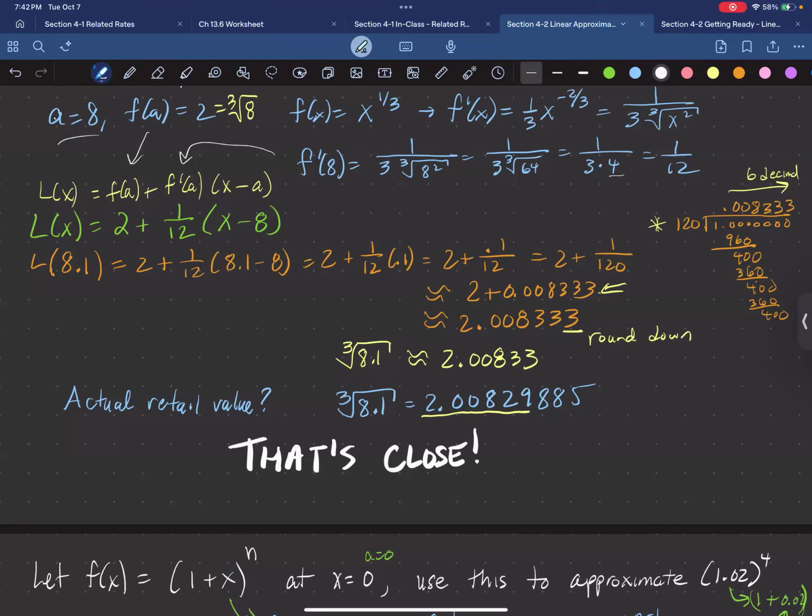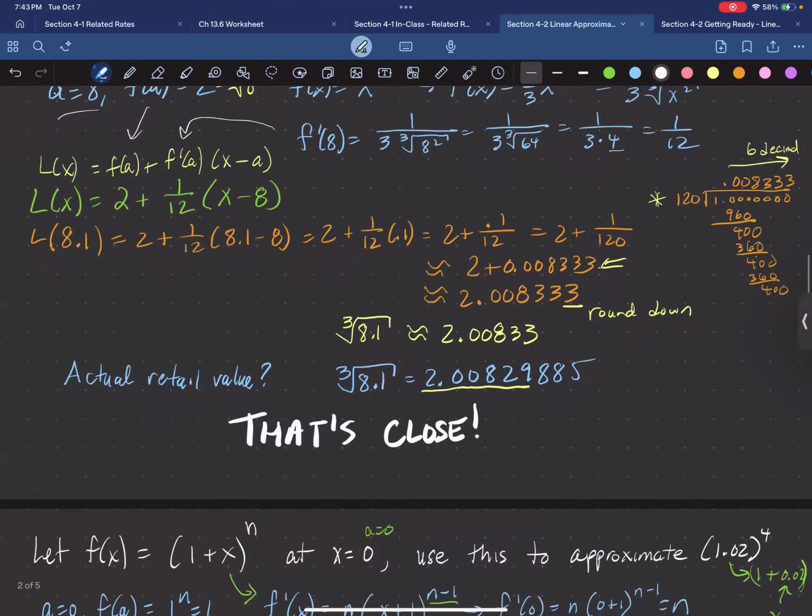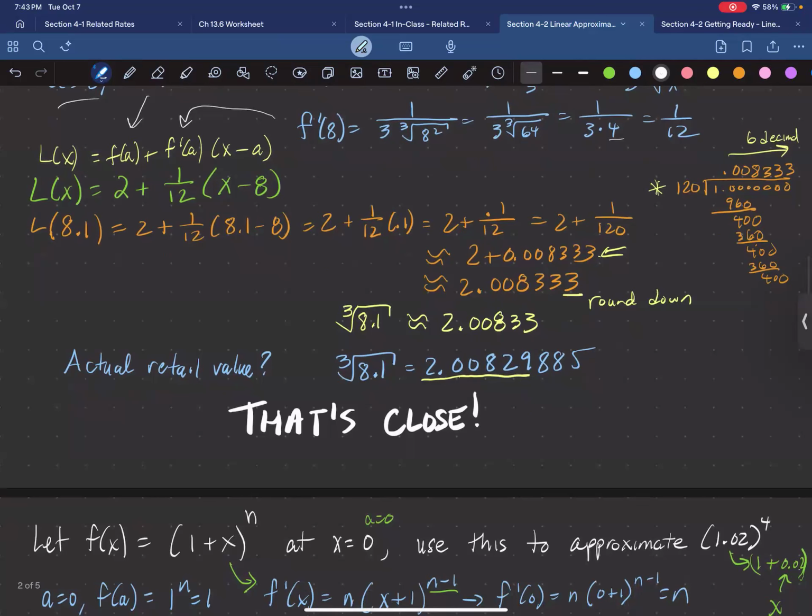I'm going to use it to approximate 1.02 to the 4th power. So if I want to approximate 1.02, that's kind of like writing it as 1 plus 0.02. 0.02 is going to be my x right there. But for now, our a is going to be 0, our value that we're starting with.